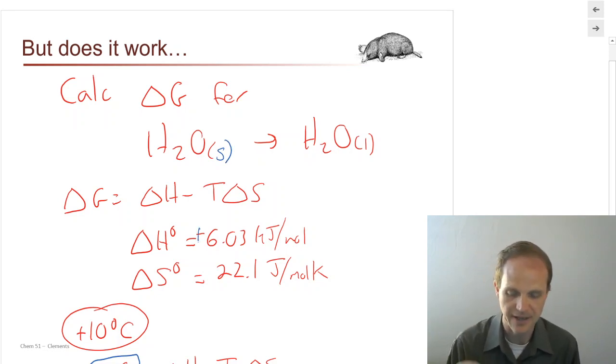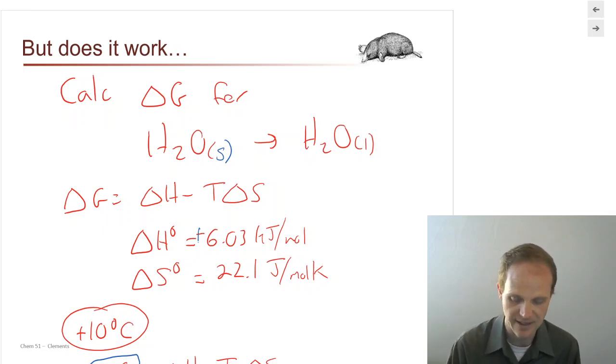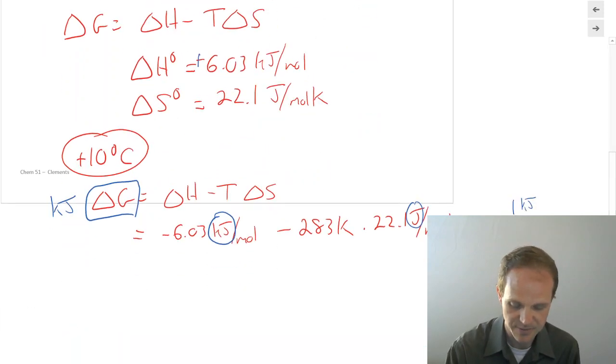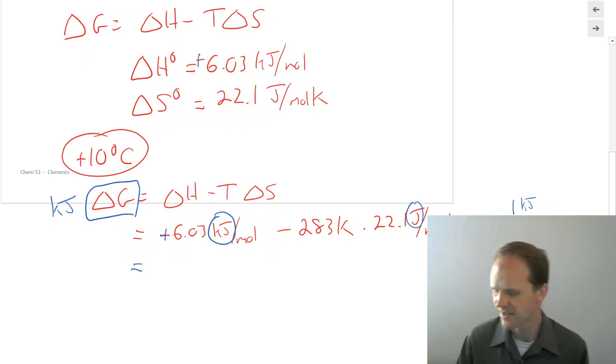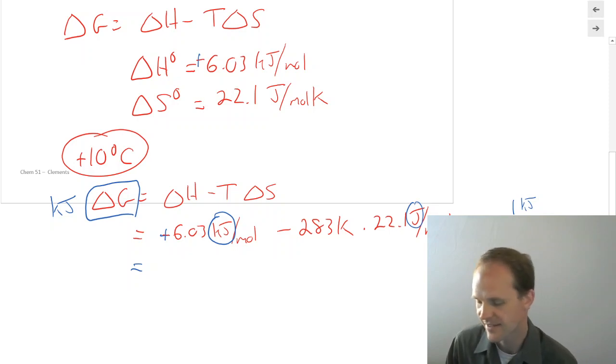Sorry about that. Okay, the solid going to a liquid, I'm melting, so it's an endothermic process, which means this is a positive 6.03 down here. Oh, that makes my life much easier because I'm thinking to myself, why isn't this working out? It's because I wrote down the wrong thing. It happens. We all do it.